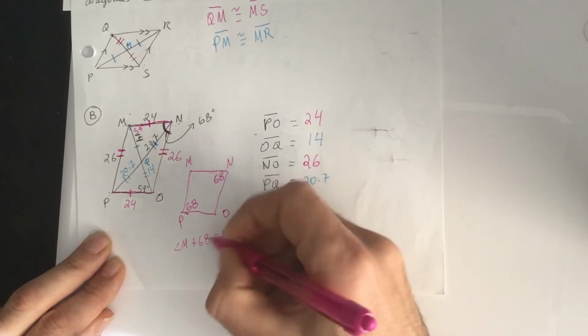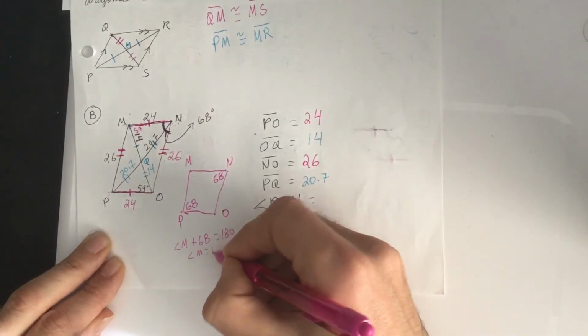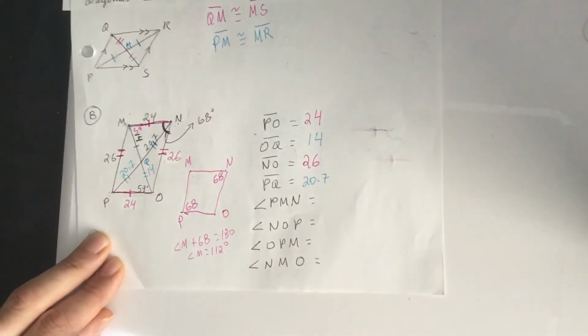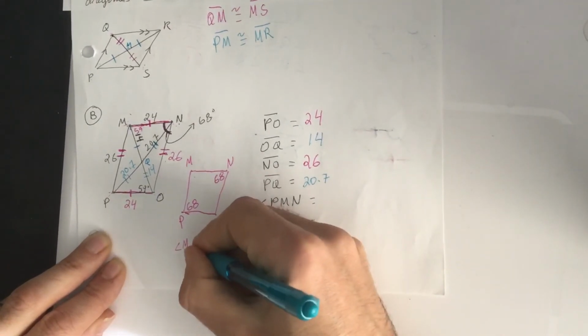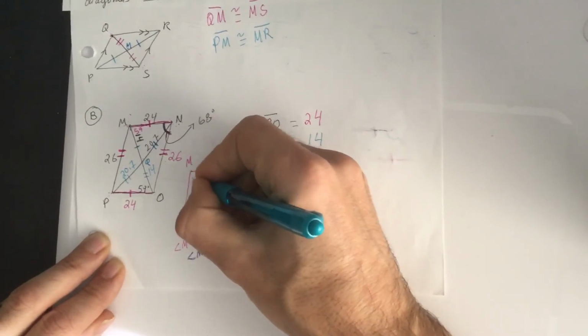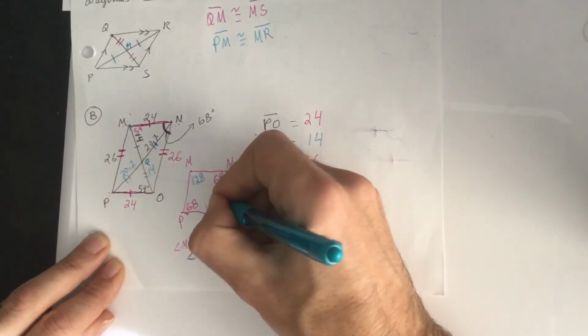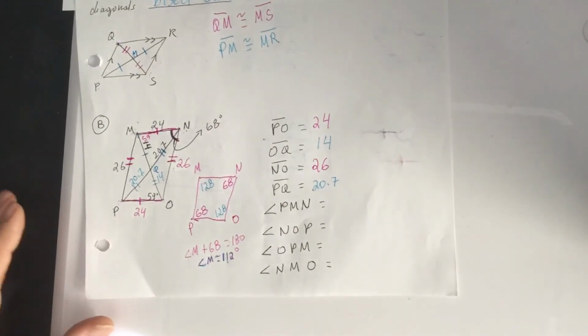They're consecutive, right? So if you do that, angle M is going to be equal to 112. So let me use a different color here. So this is the big picture here, 112 on 112. Now we got all this information, now we can use it.